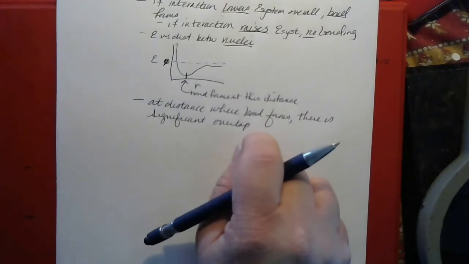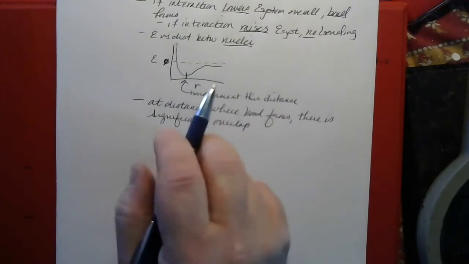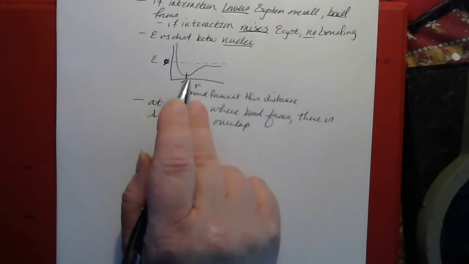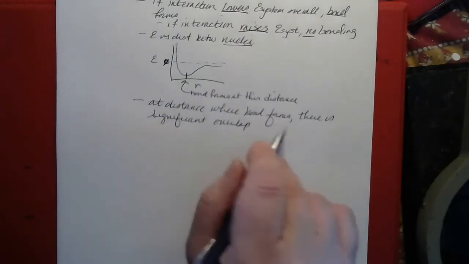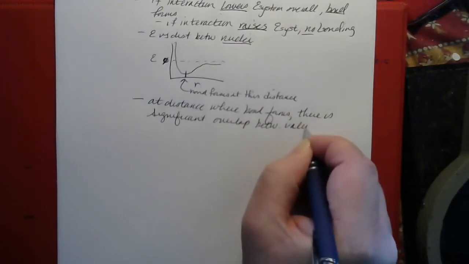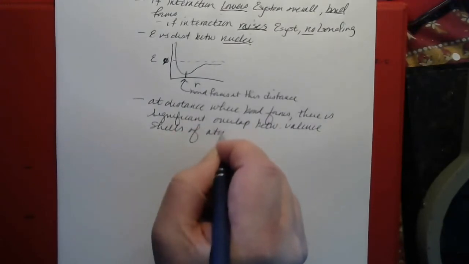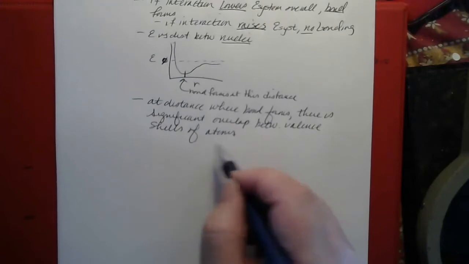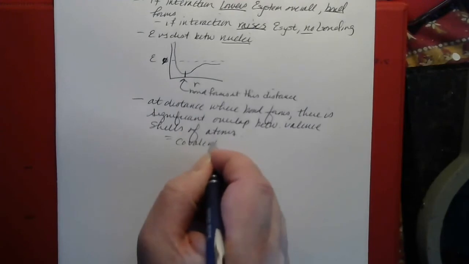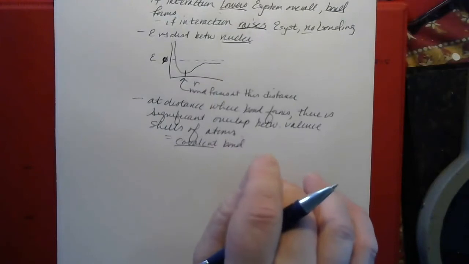The valence shell of electrons is way out beyond the nucleus. So when nuclei get close enough to bond, their valence shells are overlapping with each other. And that's essentially what we mean by covalent bond. They're mingling their valence shells.